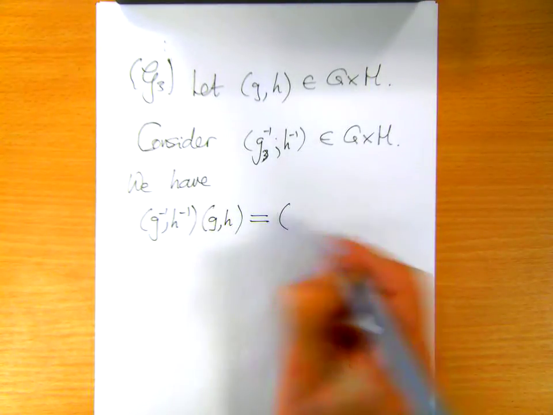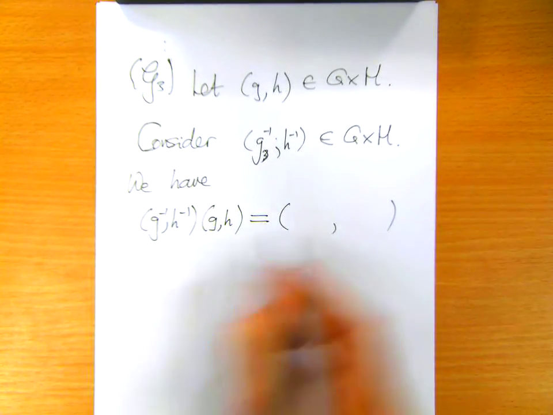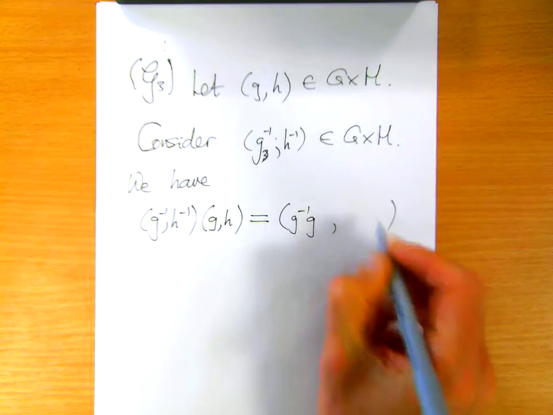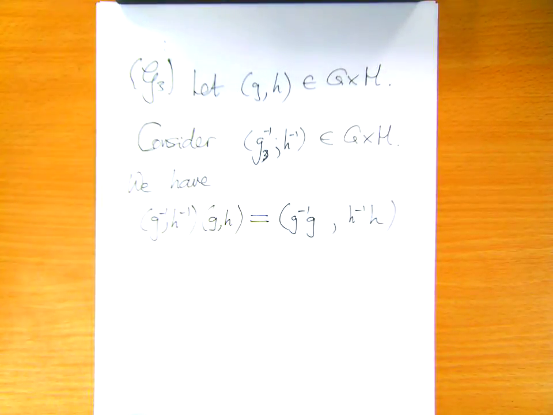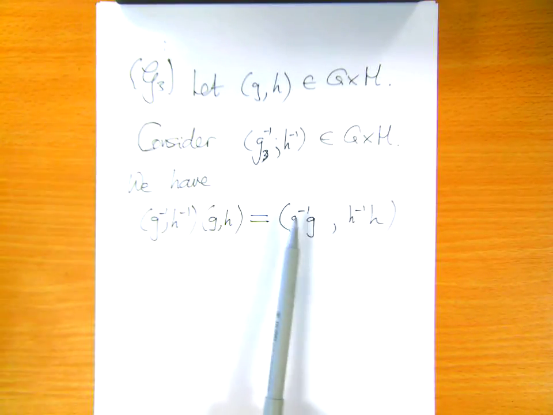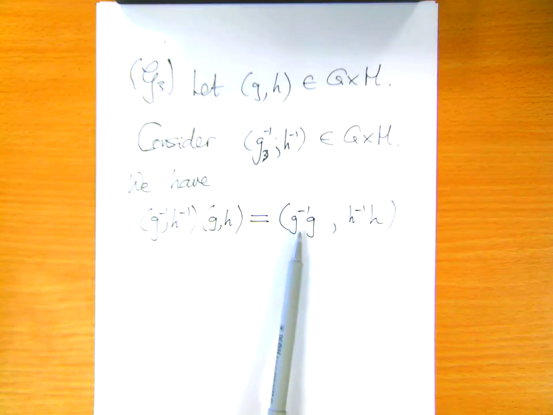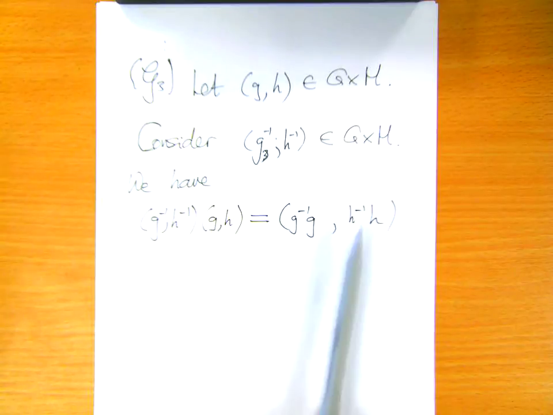First we use the binary operation, so we get g inverse g and h inverse h. Notice, by the way, more abuses of notation going on, because I'm using superscript -1 to denote the inverse in big G and also the inverse in big H, but the context makes it clear.